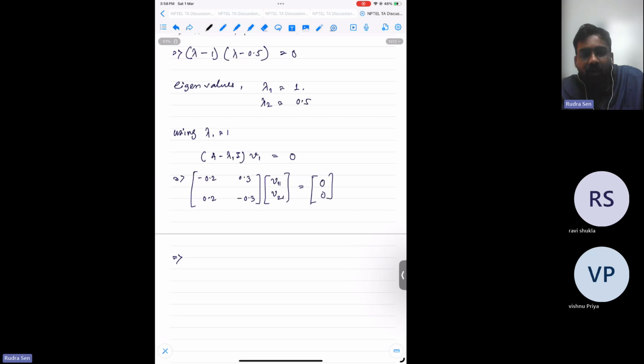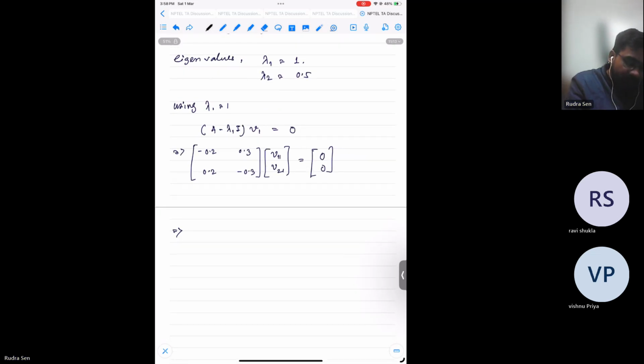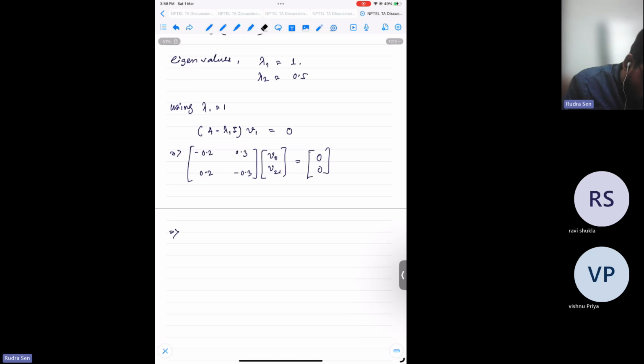Either you can use the Gauss elimination method to find these values, or this is very simple. From here we can see that minus 0.2 V11 plus 0.3 V21 should be equal to 0, right?